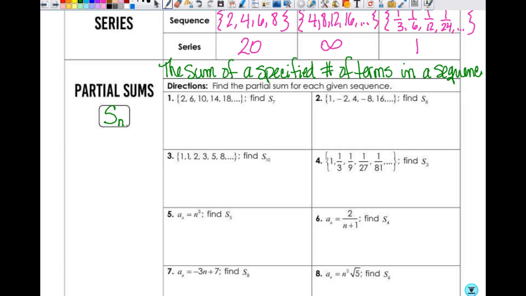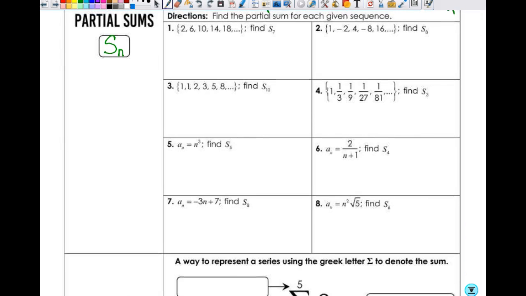So let's look at number 1. It says find the partial sum for each given sequence, because it's going to go on to infinity. So this S7, when you have a sequence like this, implies that you want the first 7. Well, I only have 1, 2, 3, 4, 5 of those, so I need 6 and 7. What are the next two going to be? 22 and 26, right?